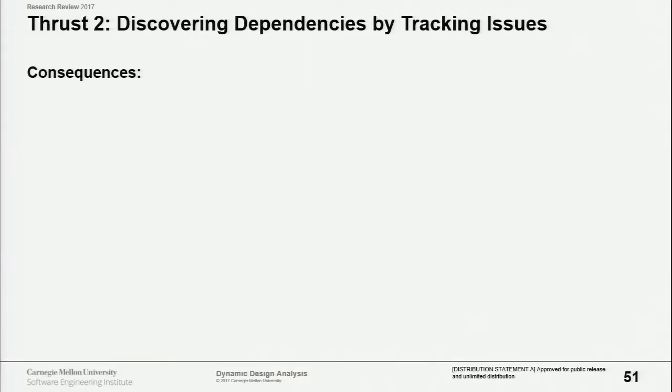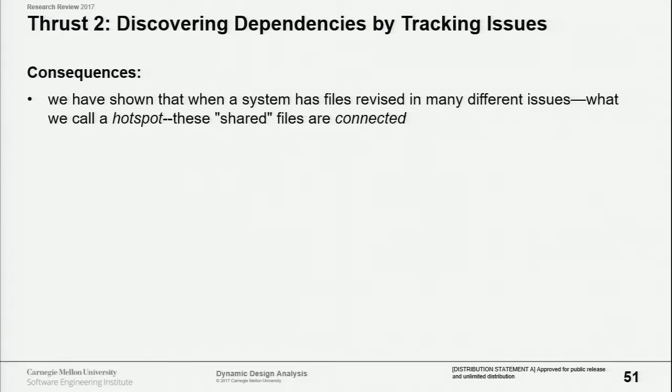Okay, so what are the consequences of discovering these relationships by looking at issues? Well, one of the things that we've shown is that when we find these files, what we call hot files, files that are changed in response to many different issues, that they're actually related to each other. These files are related to each other, and so we call this a hotspot. And these hotspots have design flaws.